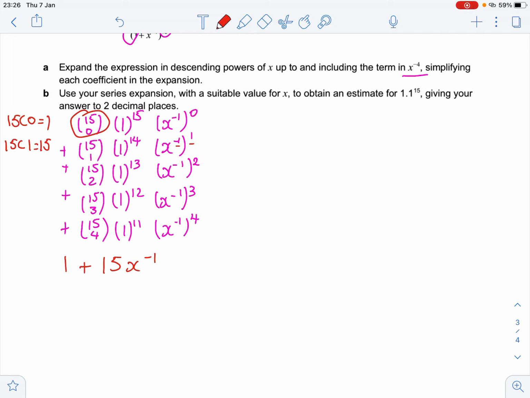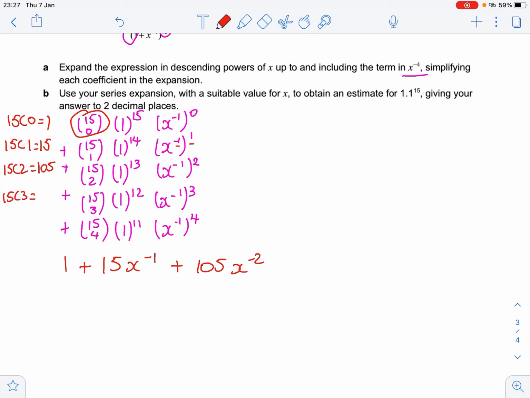So minus 1 times 1 gives you minus 1. The next one, 15C2 would equal 105. So 105 times by 1 to the power of 13 would be 105. So we plus 105x to the power of minus 2.